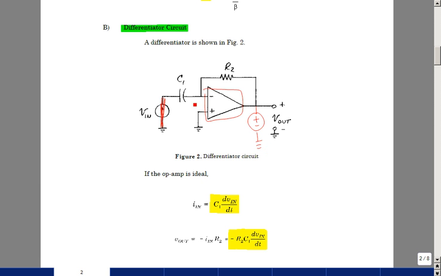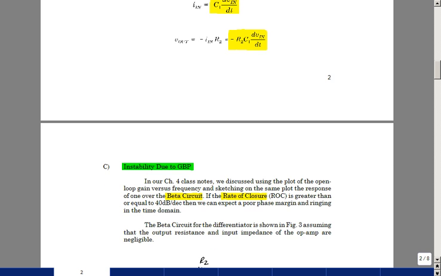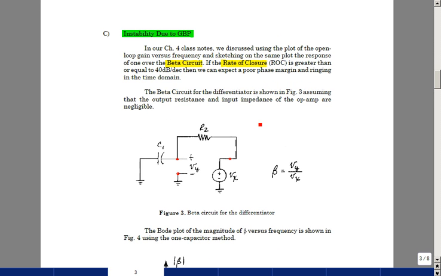And then the response, with the opposite polarity of the op-amp, divided by this independent source has the same expression as beta. So in this case, this is our beta circuit, and we've got the impedance here divided by the sum of the two. In other words, Z1 over Z1 plus Z2.